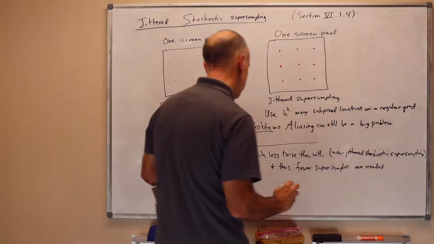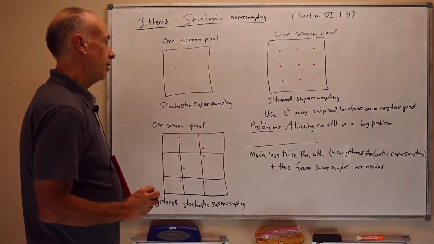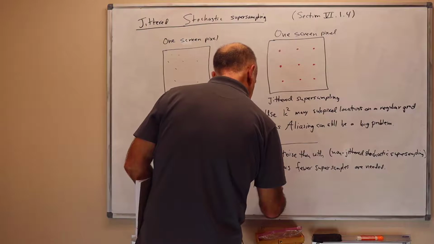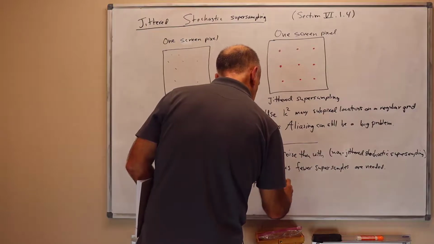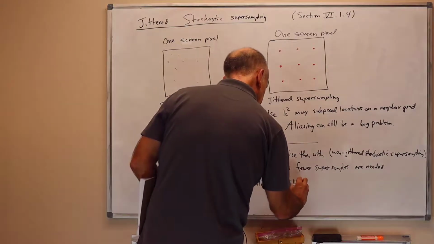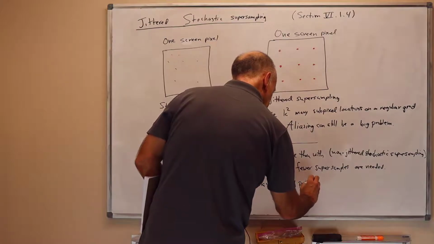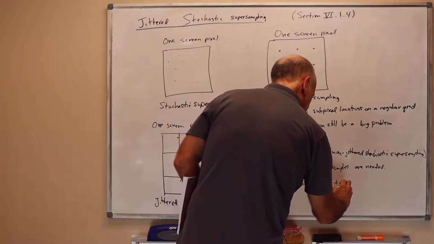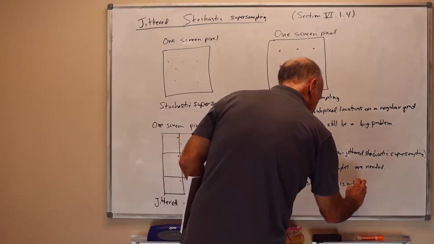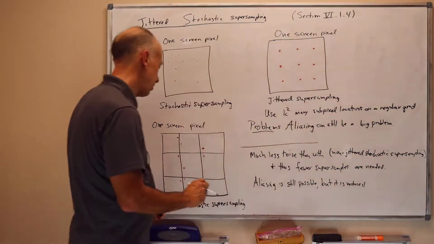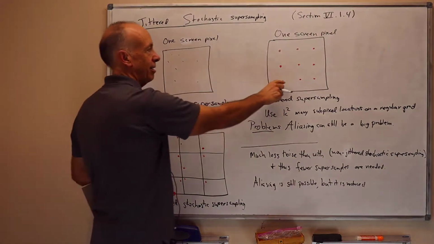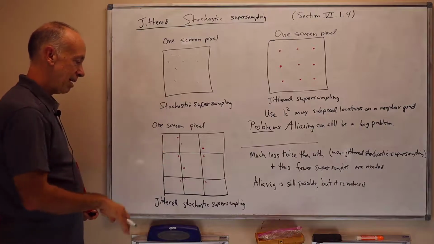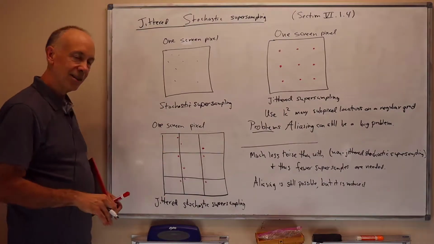There is still some possibility of aliasing. Aliasing is still possible, but it's less likely. So it is reduced. The aliasing comes from the fact that although we're not on a regular grid like in jittered supersampling, there's still some pattern, especially when you get much larger than 3 by 3.